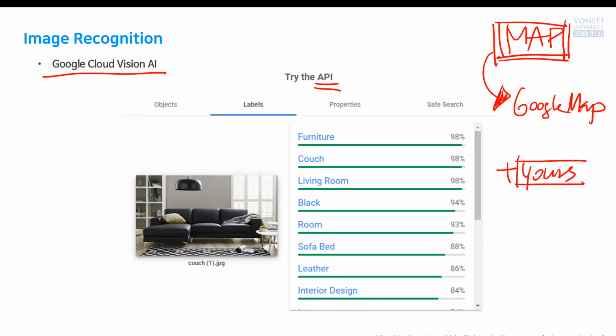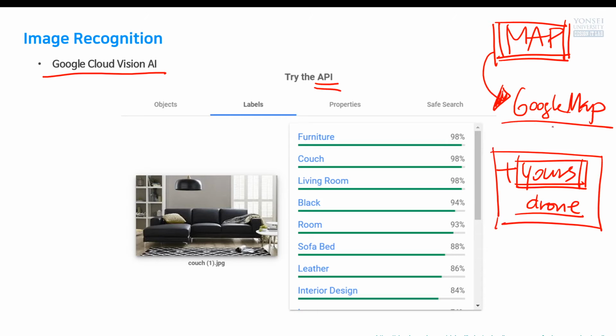For example, if you want to see your drone's movement, Google doesn't know which one is your drone, but you know, so you put this additional data on top of Google Maps using the Google Maps API. So now you have your own app to show you where your drone is, where your car is, where your mommy is, something like that. Okay, this is how to use this kind of existing API.